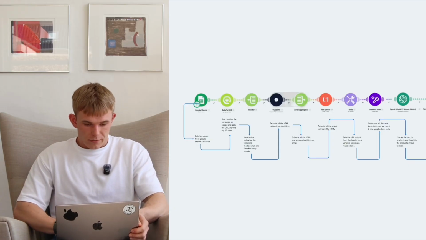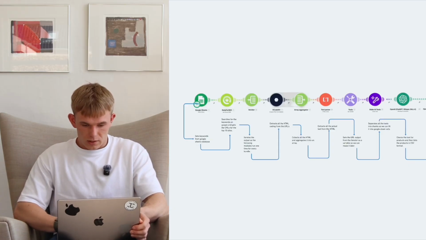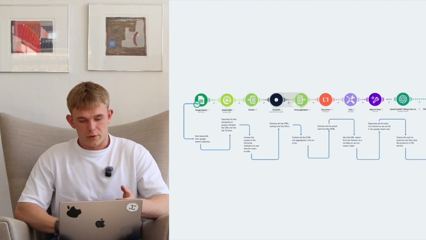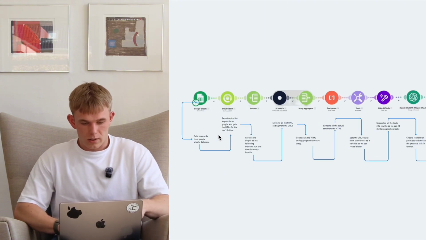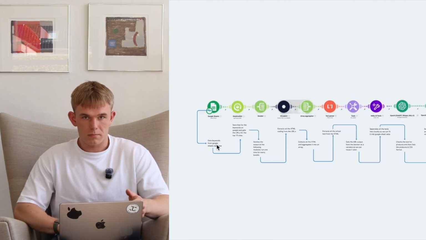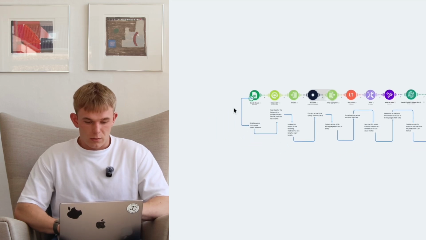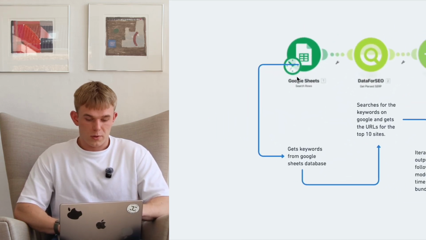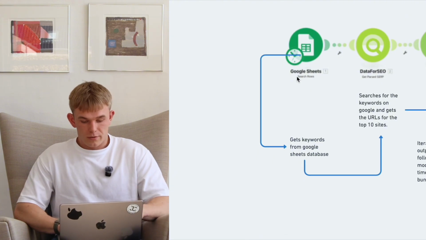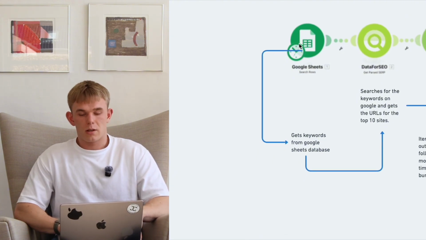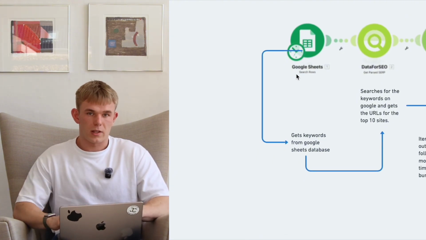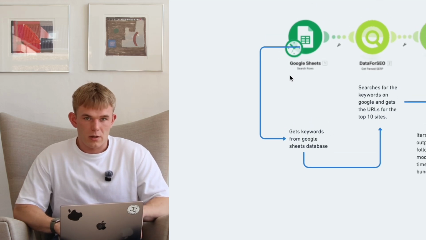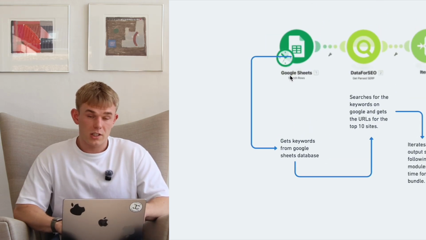Basically, this is the automation. What we have at first is a Google Sheets module in make.com. It's a search rows module, so it searches for the keywords in the database of keywords. Say we have 5,000 keywords for a specific niche.